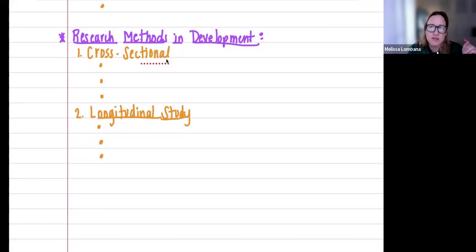The problem with this is that there are a lot of variables in a person's life that we don't get to really know in cross-sectional, and those variables can affect, right, the things that we're assessing.